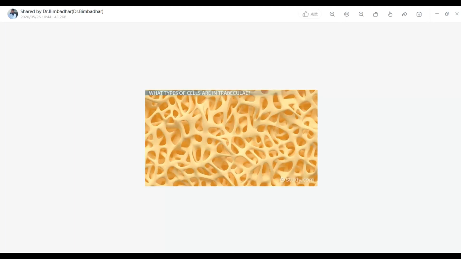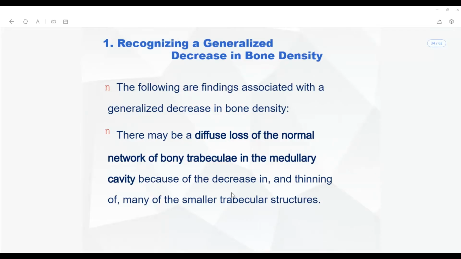So that is what the thinning of the cortex is, which is actually happening again in osteoporosis. So diffuse loss of the normal bony trabecular network in the medullary cavity, and thinning of the cortex and many trabecular structures, is the main characteristic feature of decreased bone density.